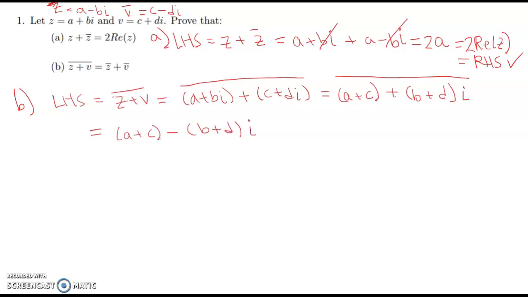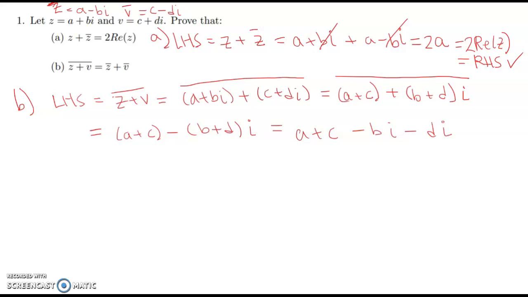We have to somehow get this into the conjugate of z plus the conjugate of v. So let's expand this further. I'm going to distribute the negative into b plus d, and at the same time, I'm also going to distribute the i. So this now becomes a plus c minus bi minus di.